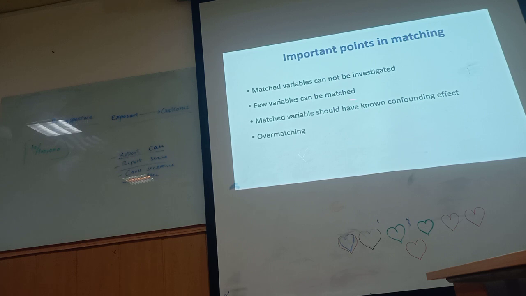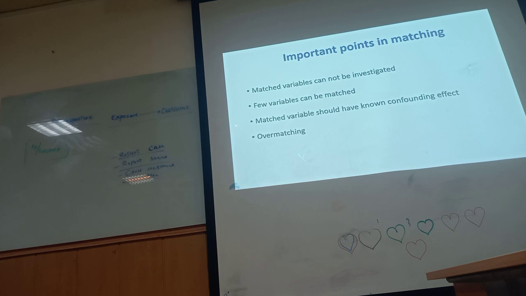Matched variables should have a known confounding effect. If the variable you are going to match is not a known risk factor of the disease of interest, you do not need to match on that specific variable.